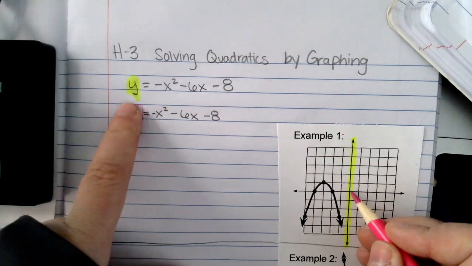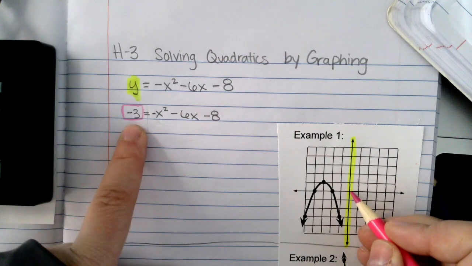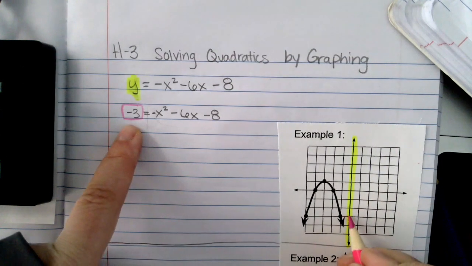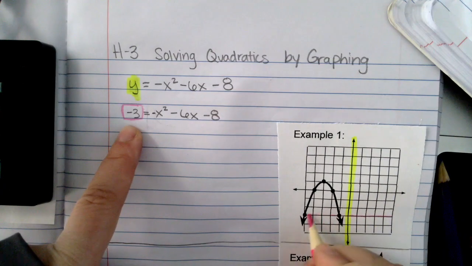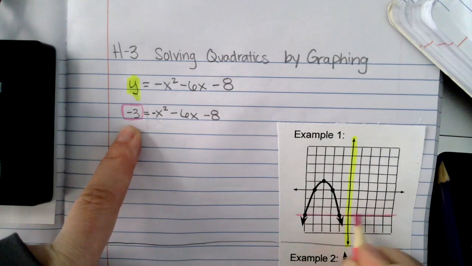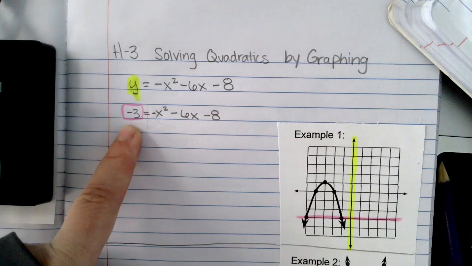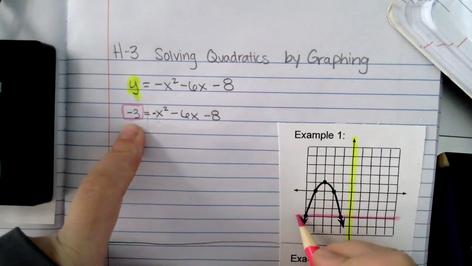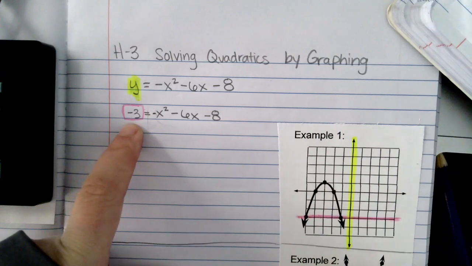Down how many? 3. 1, 2, 3. And I'm going to look at all the negative 3 for the y. So I'm going to actually draw a horizontal line at that line. And that's why I'm using color today. It's going to be really helpful to see that. Okay. So maybe take a second, grab those colored pencils. It's going to be really, really helpful.